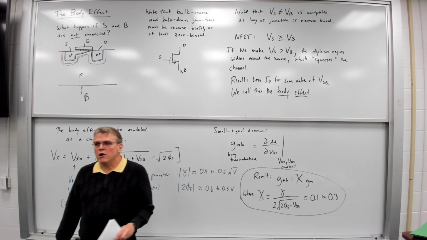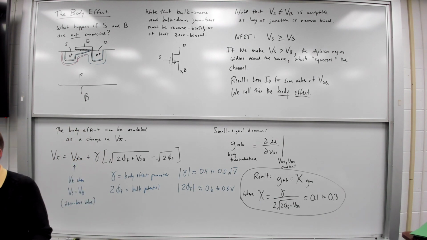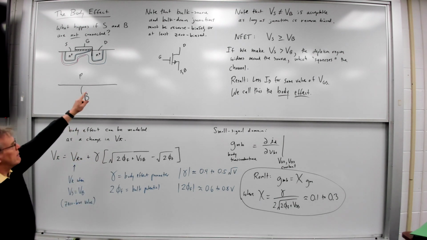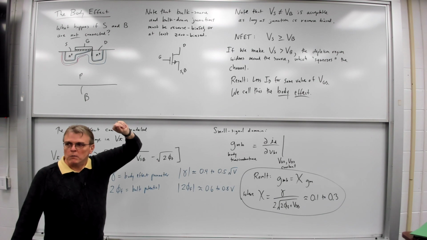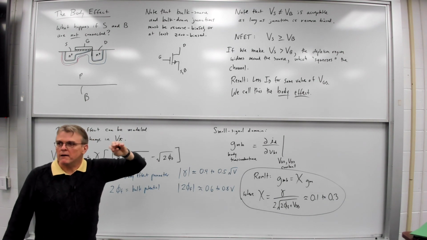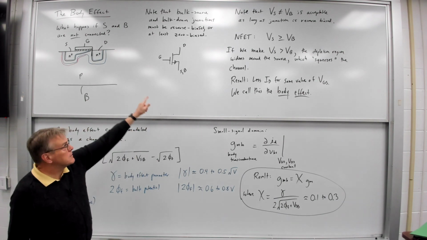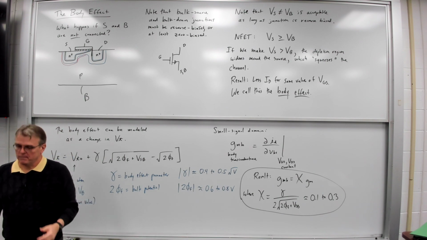Well, because of this, it turns out we can modify our small signal diagram, because if we move the source voltage, that will also affect the drain current as well as changing the gate voltage.